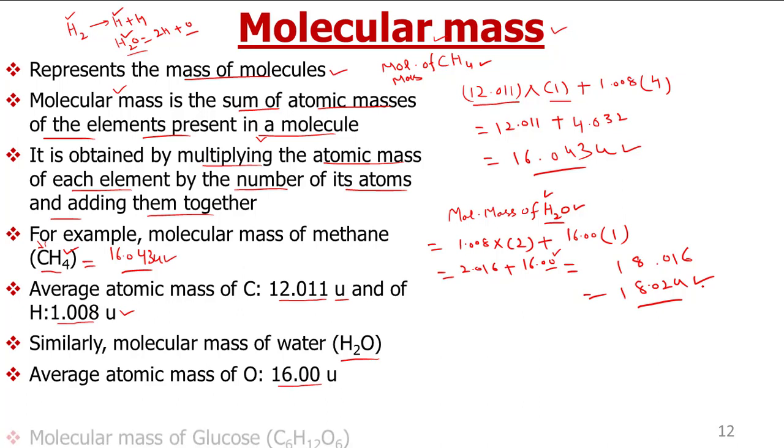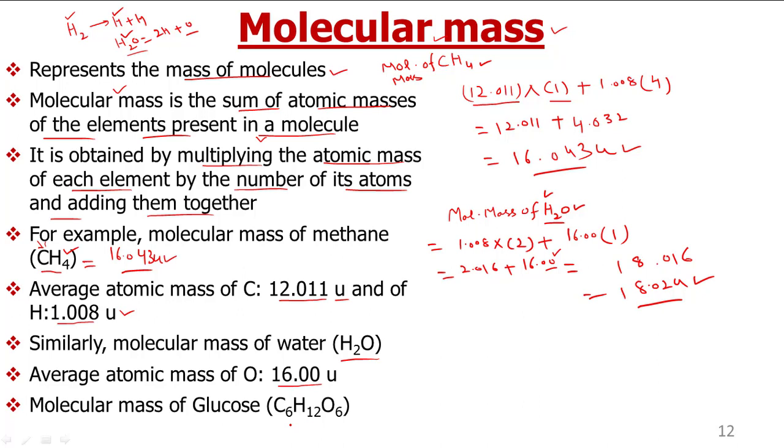Similarly, we can calculate the molecular mass of glucose. Let us see molecular mass of glucose. Molecular mass of glucose is equal to mass of carbon atom, 12.011, into number of carbon atoms. How many carbon atoms are there? 6.